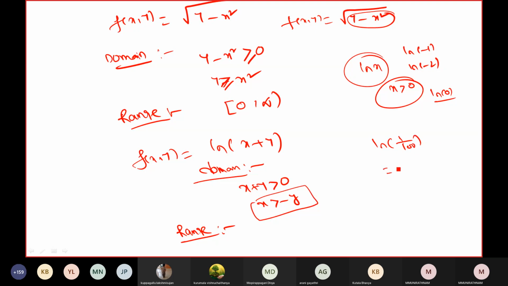That is ln of 10 power minus 2, which is minus 2 ln 10, which is negative. So whatever you said is correct, but you should be careful.